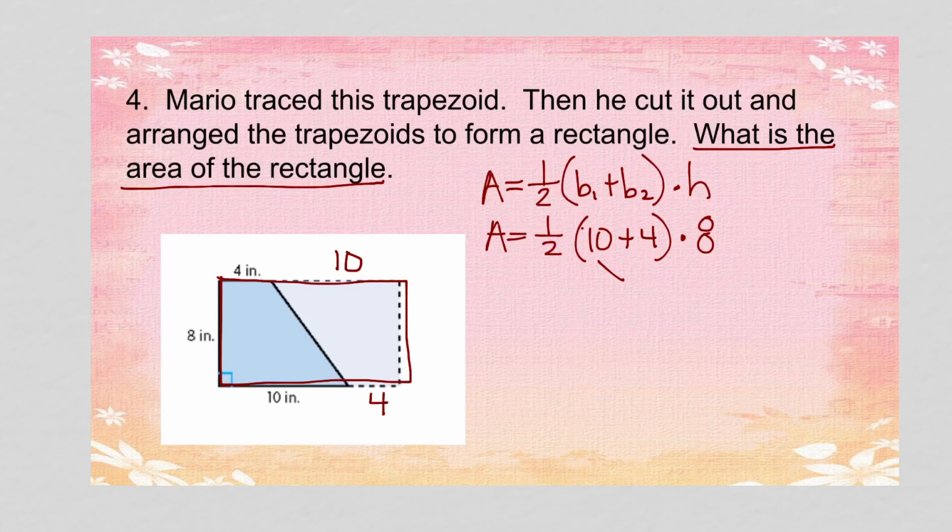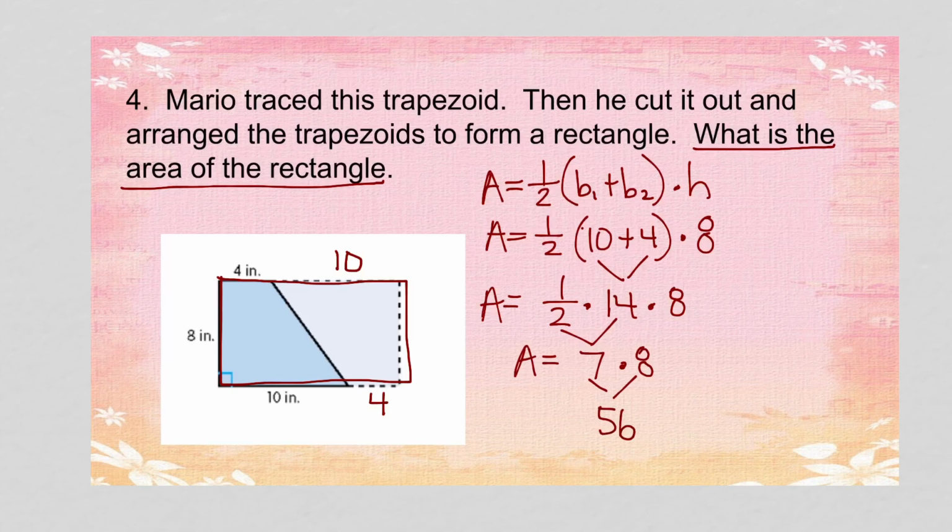Okay, I have to do what's in parentheses first, then bring everything down. Don't skip a step, please. Write it exactly how I'm writing it. What's 1/2 of 14? 7 times 8. So what's 7 times 8? 56.